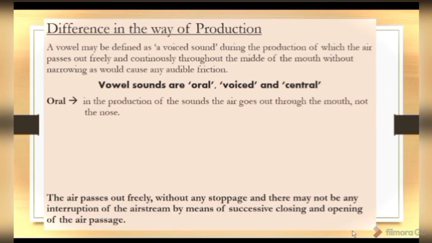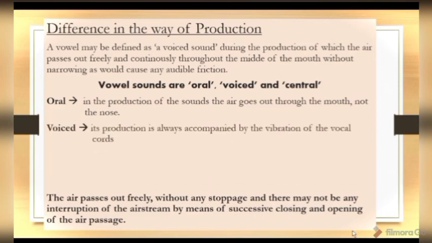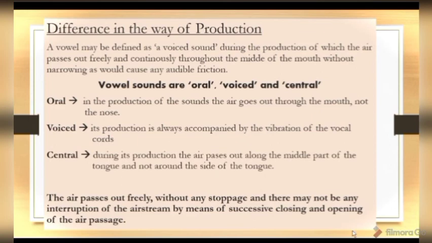Oral. What does it mean? It means that in the production of the sounds, the air goes out through the mouth, not the nose. It is voiced. It means that its production is always accompanied by the vibration of the vocal cords. And a vowel is central.